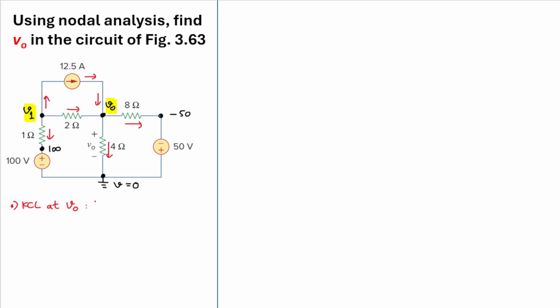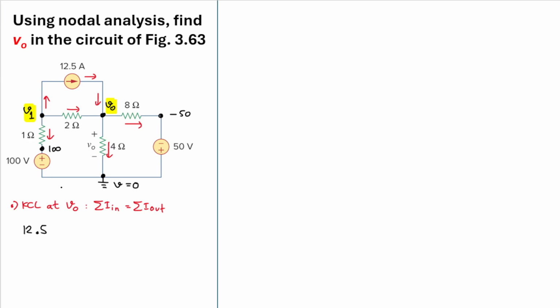KCL says that the sum of the currents going in equals the sum of the currents going out. Let's see which current goes in and which goes out. The first one is this current going into V0, which is 12.5 amperes.